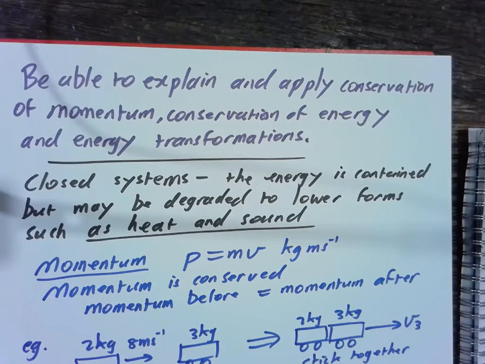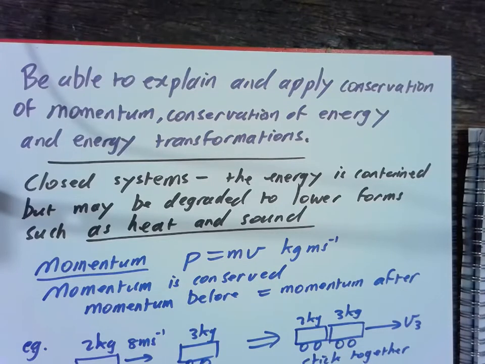So that applies to all, but when they stick, we can do m1 v1 plus m2 v2 equals (m1 plus m2) v3, because they stick together, so there's a combined mass. That's just fine to put in the numbers.